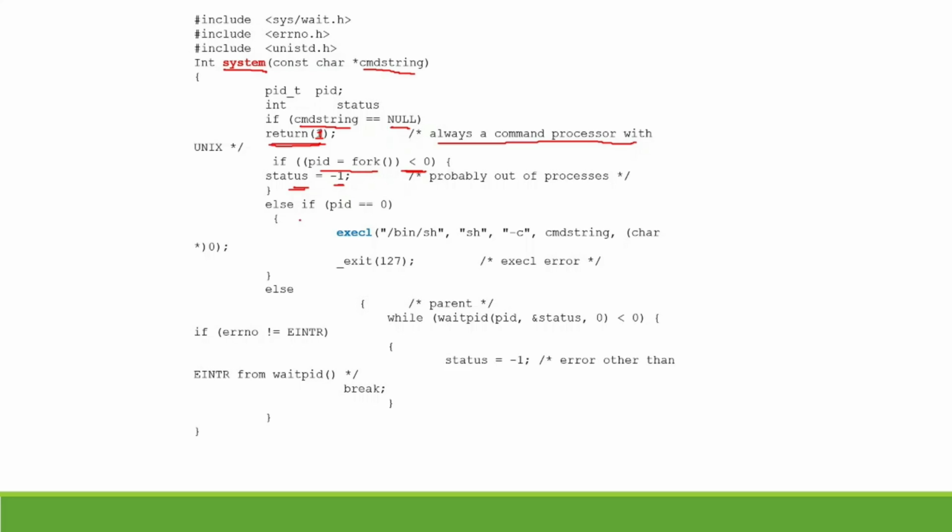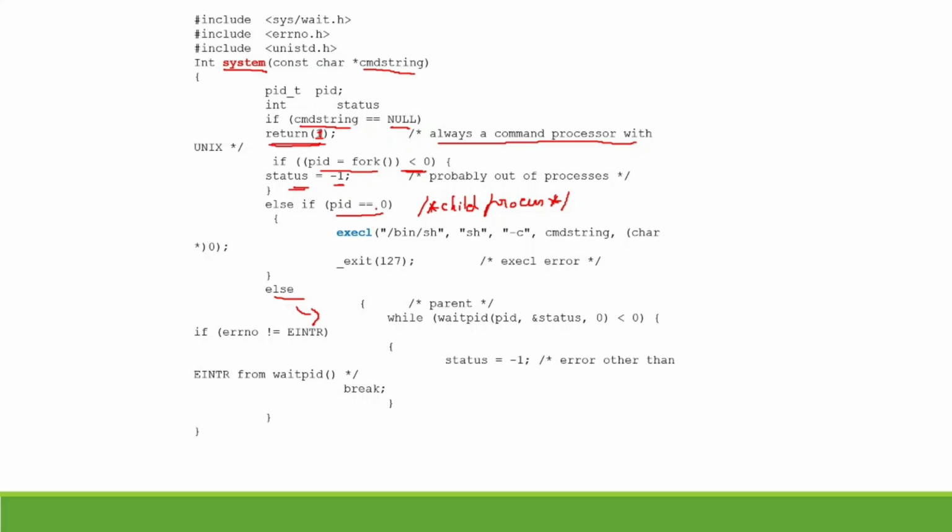If the PID value is equal to 0, now we are talking about the child process. Child will always receive the PID equal to 0 on successful creation, and the parent will receive the PID of the child. That is the other copy, which comes here in the else part. Let me not explain that.